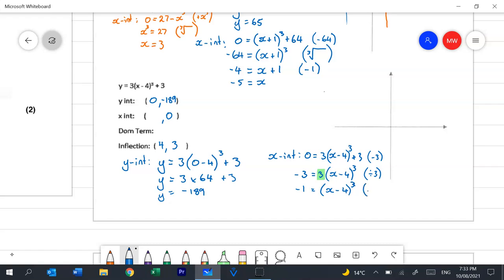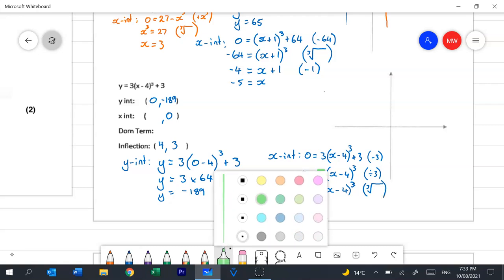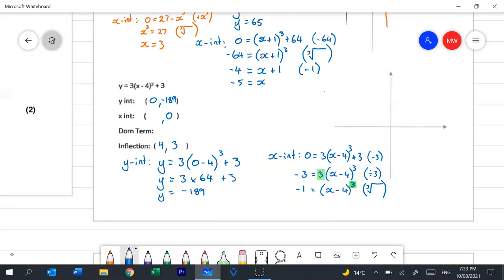This time we will cubic root to get rid of this cube here. So we'll end up with minus 1 again, because minus 1 cubed is going to be minus 1. And over here we've got x minus 4. Let's get rid of the 4.